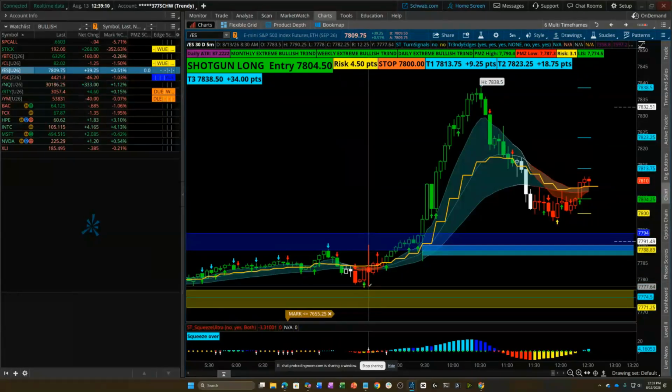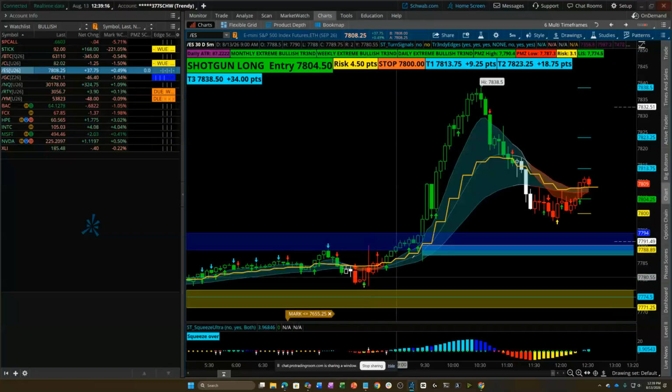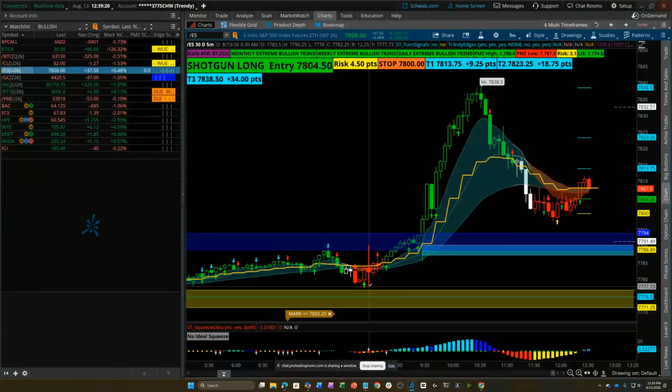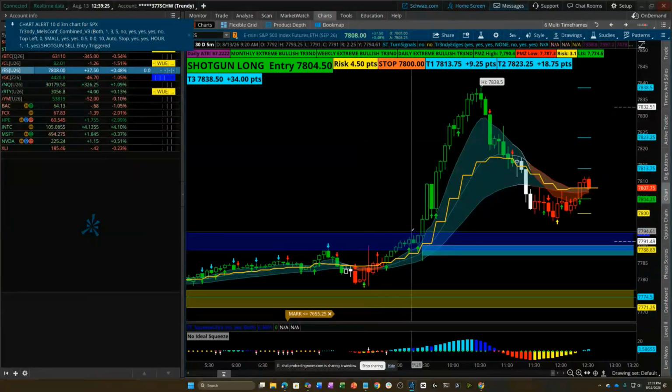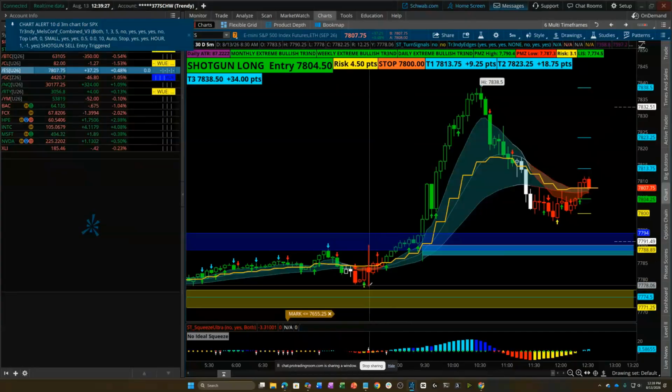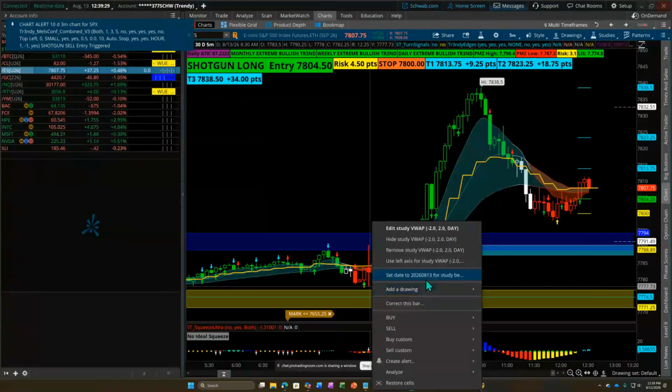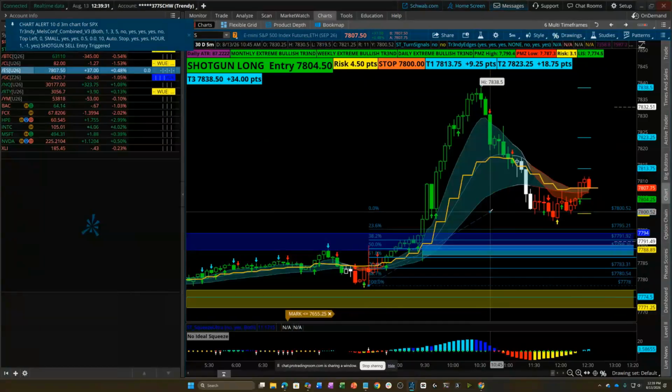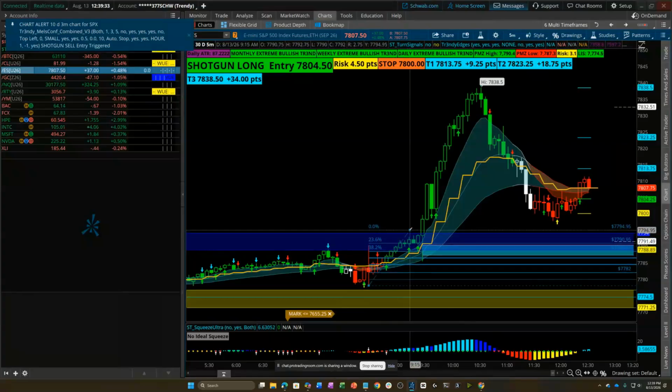Early on in the morning, since before the bell rang we were up like 40 points or something like that, it was definitely an up move. So I ran my Fibonacci's before the bell or right at the bell like this.